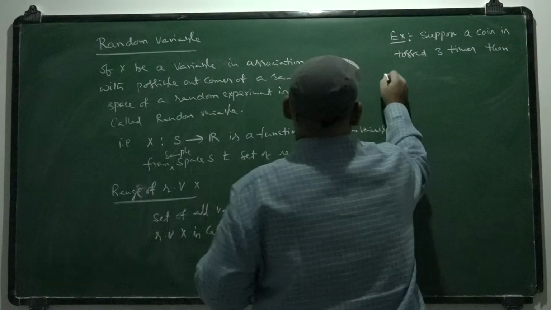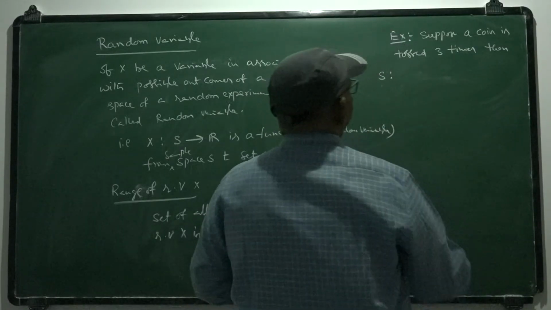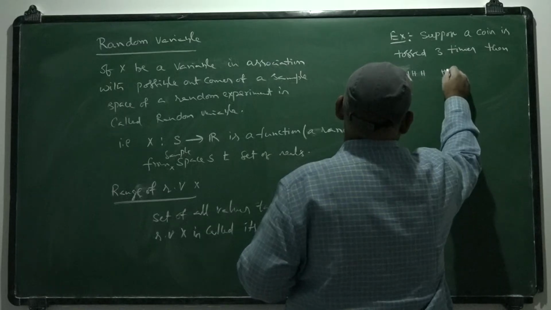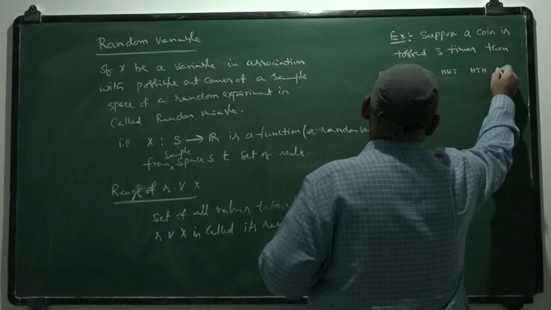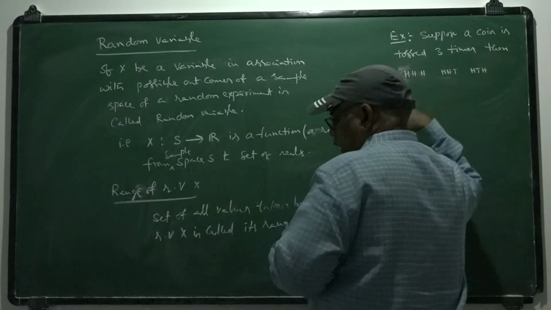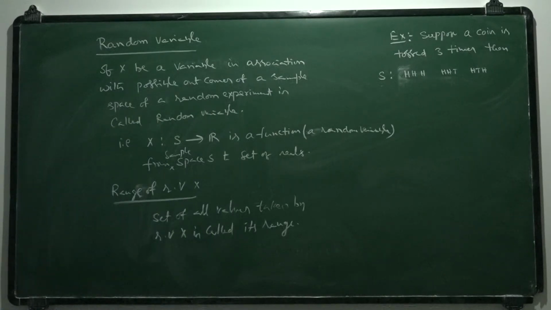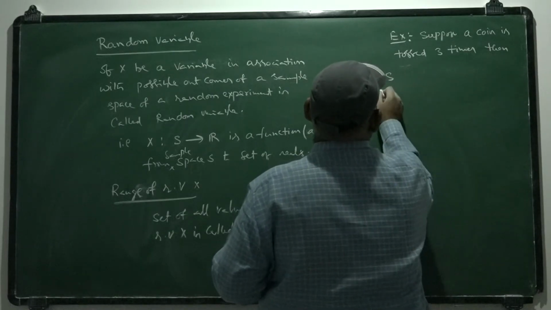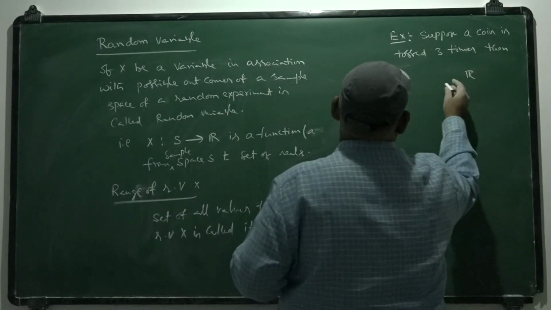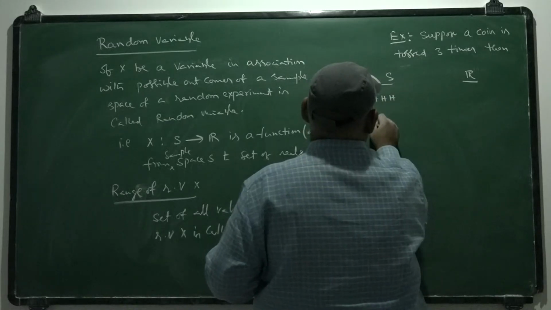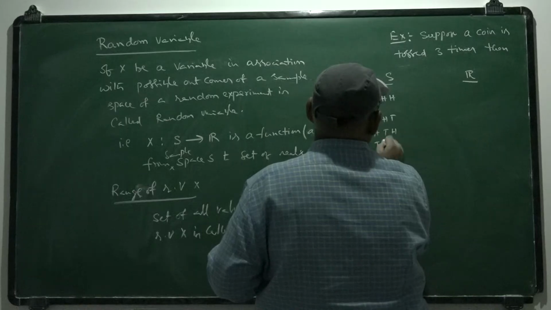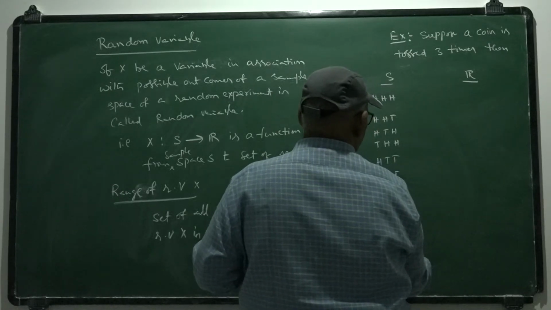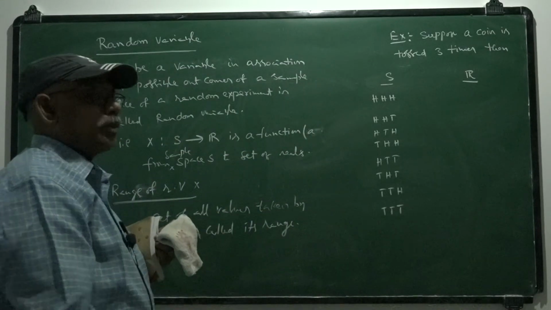Then the sample space S contains HHH, HHT, HTH, HTT, THH, THT, TTH, TTT. These are the possible outcomes of this random experiment.